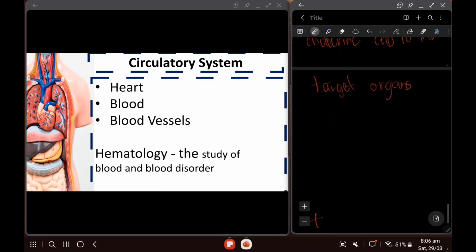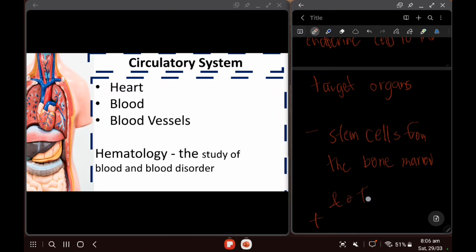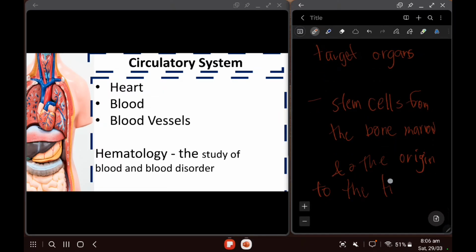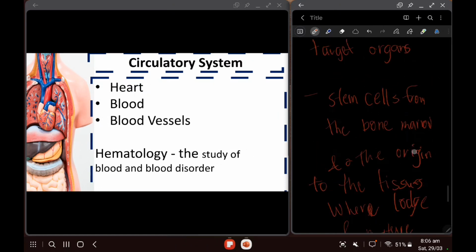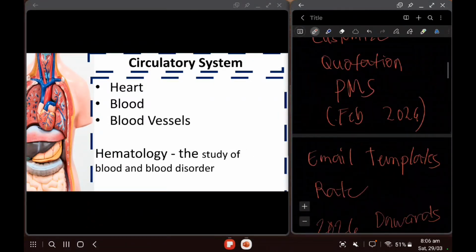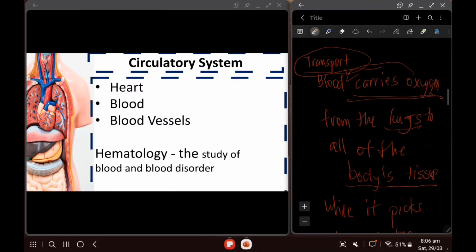And also, lastly, it transfers a variety of stem cells from the bone marrow and other origins to the tissues where they can lodge and mature. That is its role in transport. And that's just transport, and there are already many.